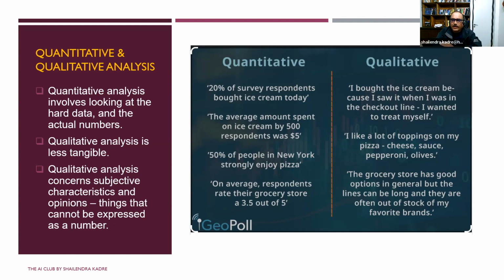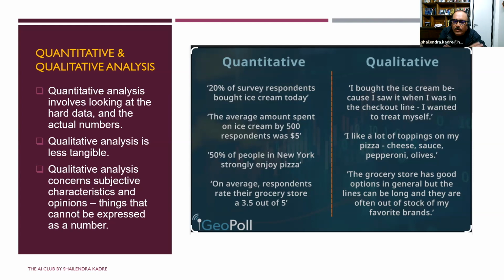That is qualitative. Another example: the grocery store has good options in general, but the line can be very long, and they are often out of stock on my favorite brands. So this guy is again making qualitative statements.